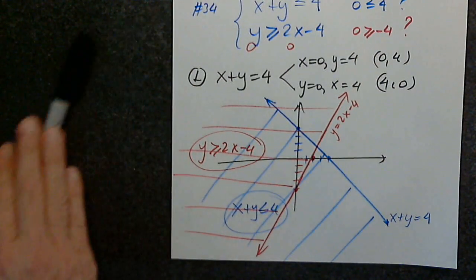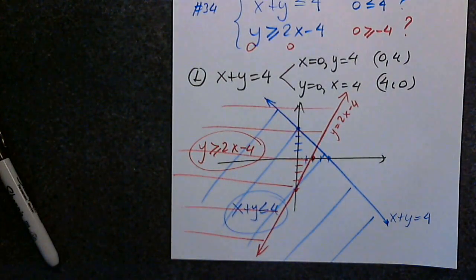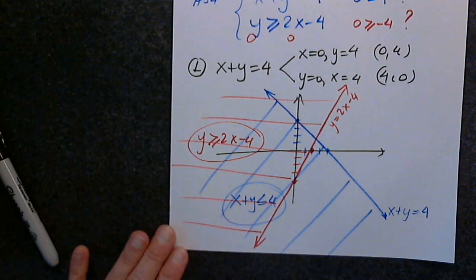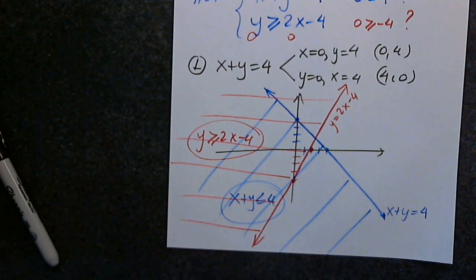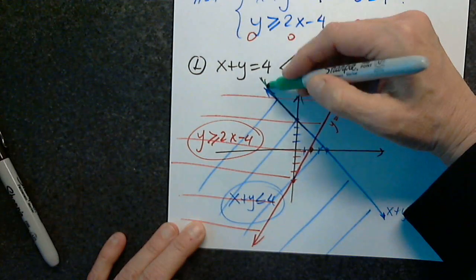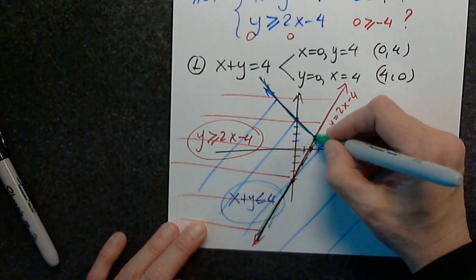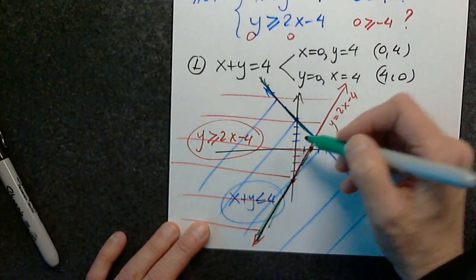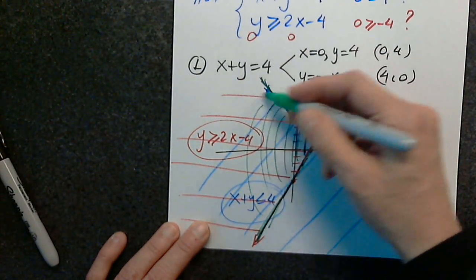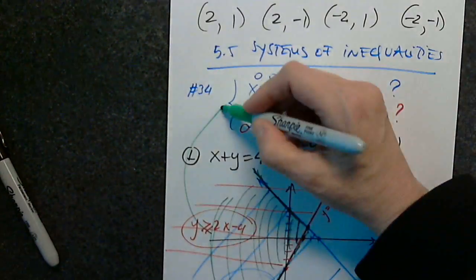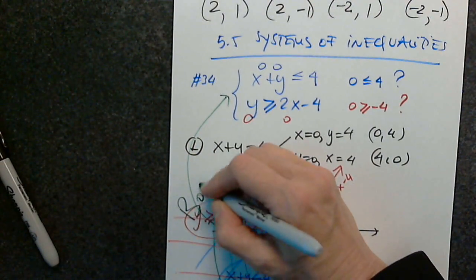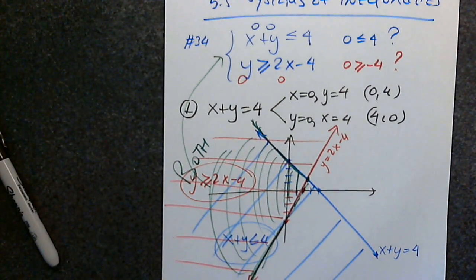So now, do the blue and red territories intersect? Because they intersect, this will be the solution. All points on this line, the vertex here, all points on this line, and everything in between will represent the solution to the system, both inequalities at the same time.